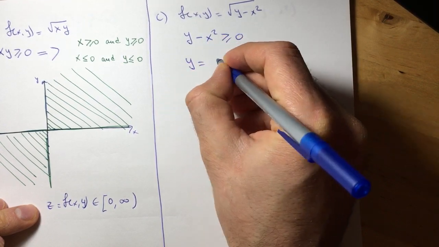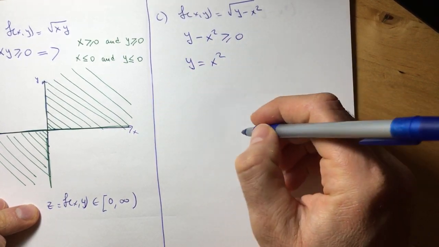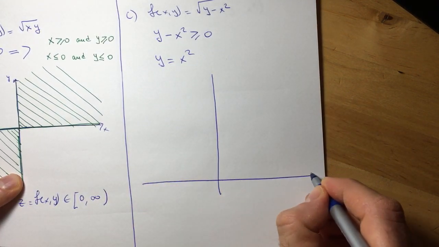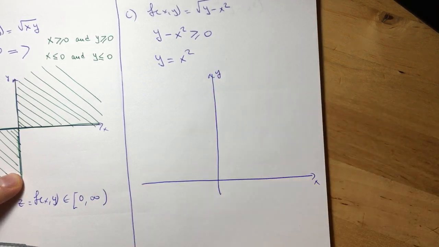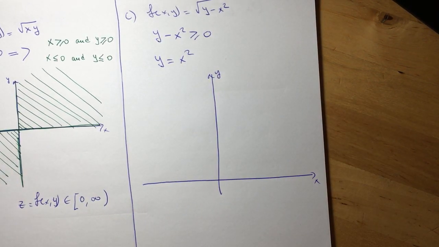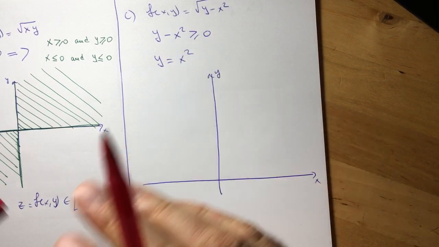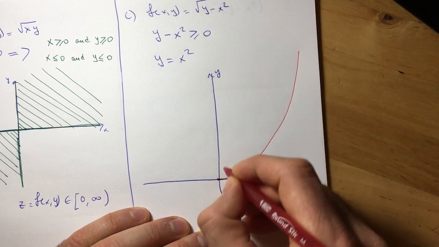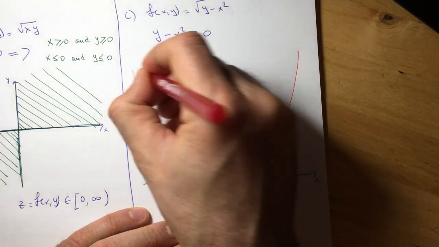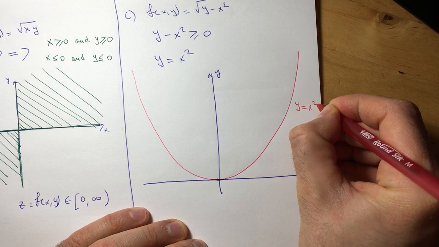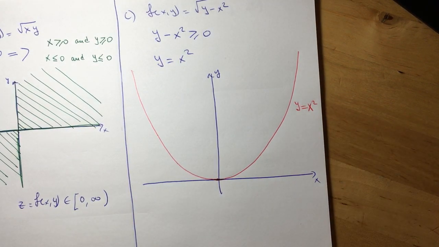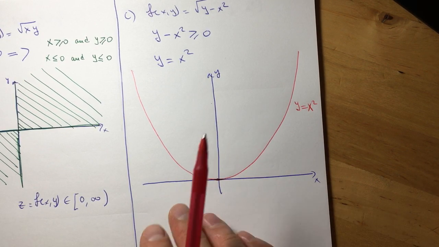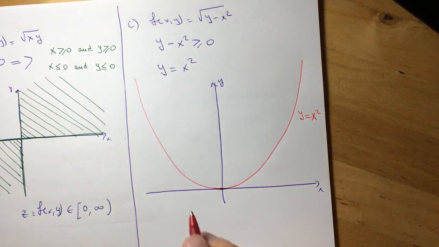Well, we know how to sketch y is equal to x squared. Okay, so let's do that. X and y, and the function y is equal to x squared is just a parabola, y is equal to x squared.